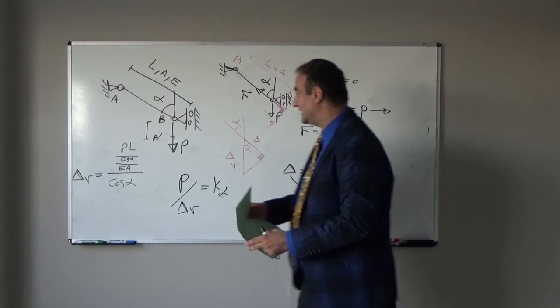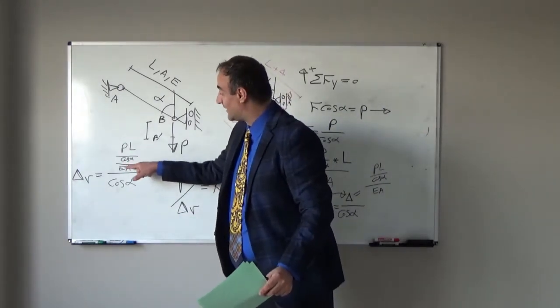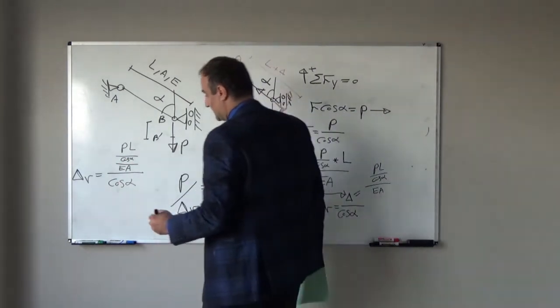So delta V will be equal to PL over cosine alpha divided by EA divided by cosine alpha.